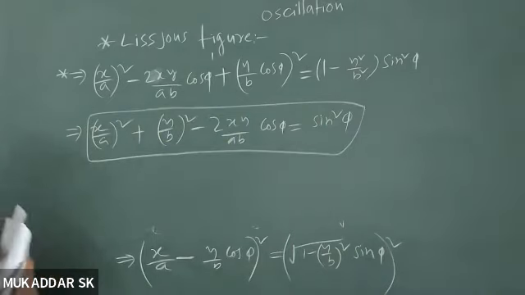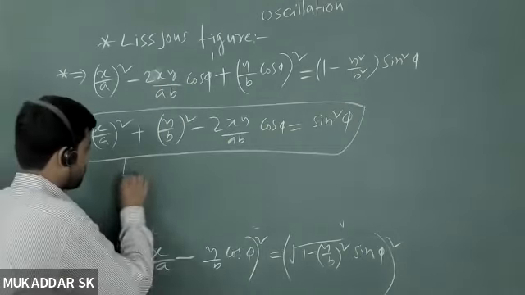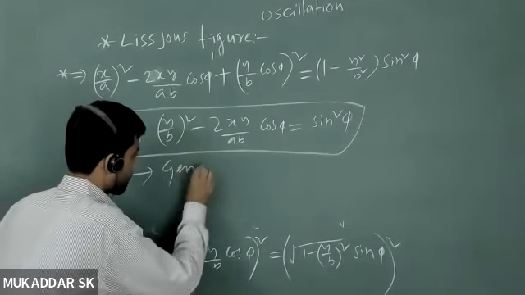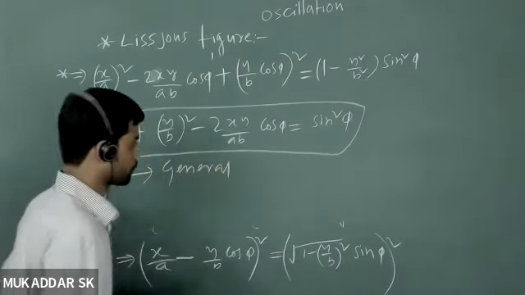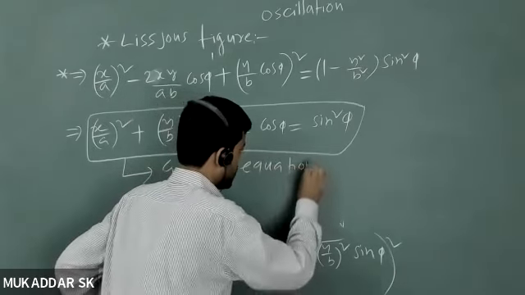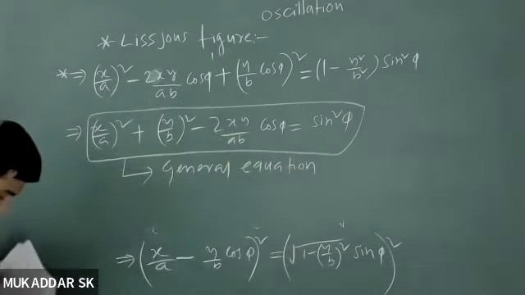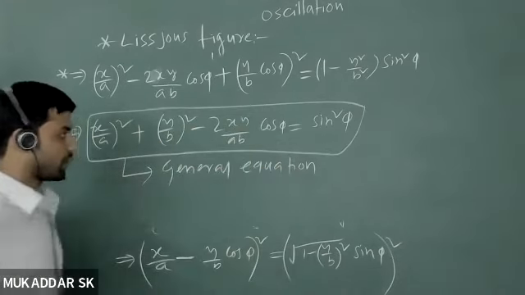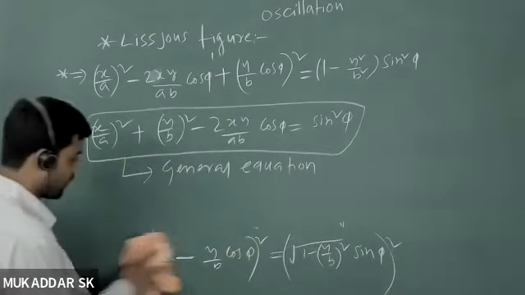So this is the general equation of superposition of two SHM performing motion perpendicular to each other. Now you can see that the trajectory of the path basically depends upon the phase difference, right? Phi.